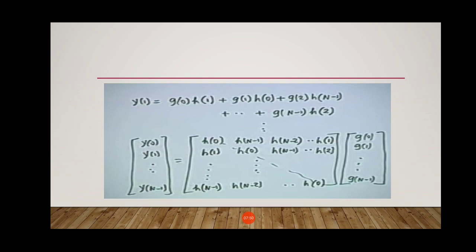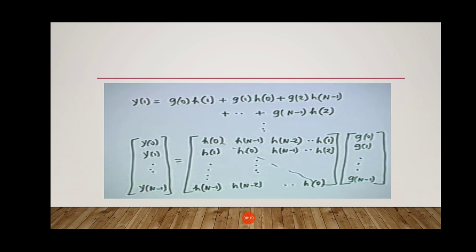So if we denote these equations in terms of a matrix, we will have the matrix that is written here. That is, y of 0, y of 1, up till y of N minus 1 will be equal to a matrix containing the impulse responses multiplied by g of 0, g of 1, up till g of N minus 1.